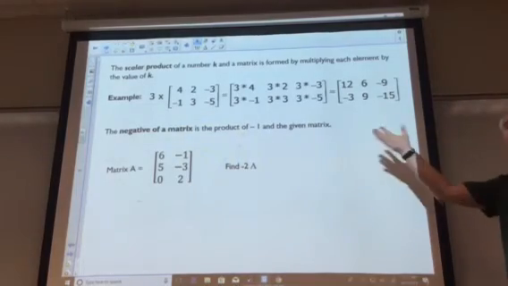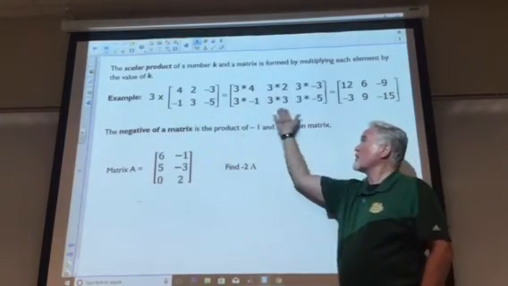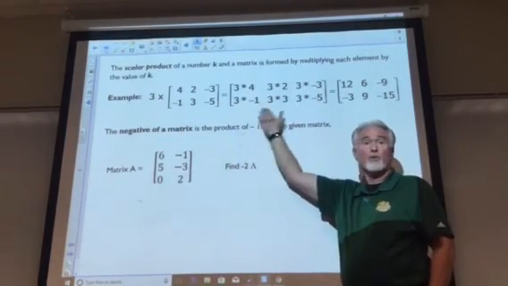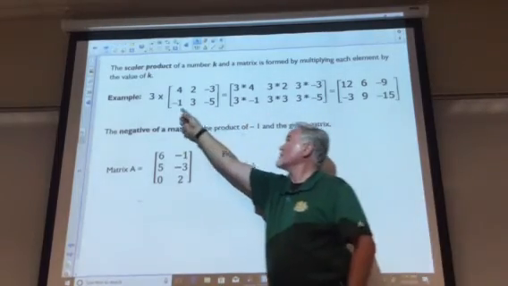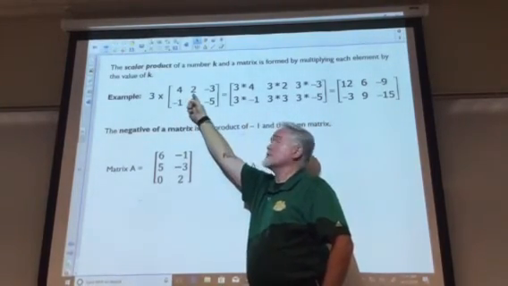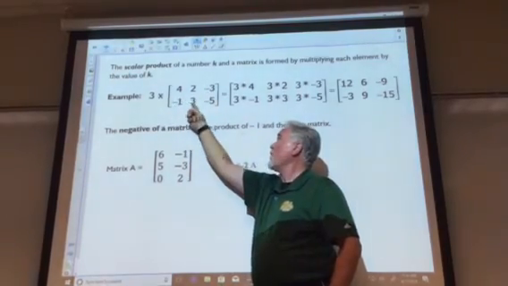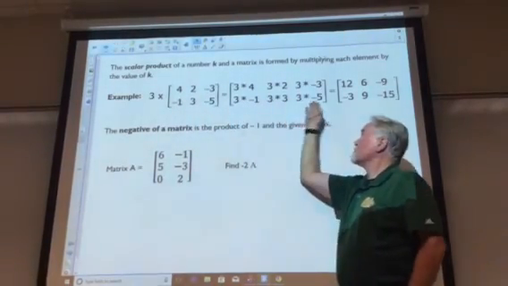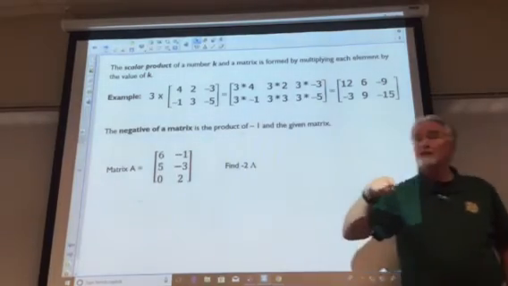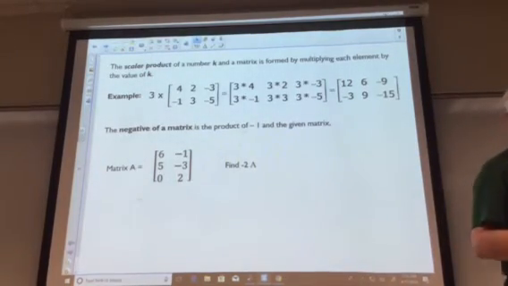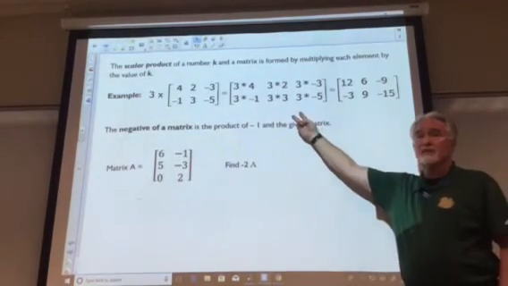So if a scalar multiplication showed up on a test, this is what I would expect to see as your support work for the problem. 3 is going to be multiplied by 4. 3 is going to be multiplied by 2. 3 is going to be multiplied by -3, by -1, by 3, and by 5. Your support step, your intermediate or middle step, would look something like this.